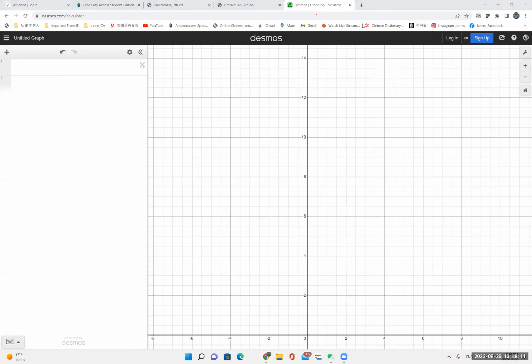Please draw the function y equal to 2 to the x power.